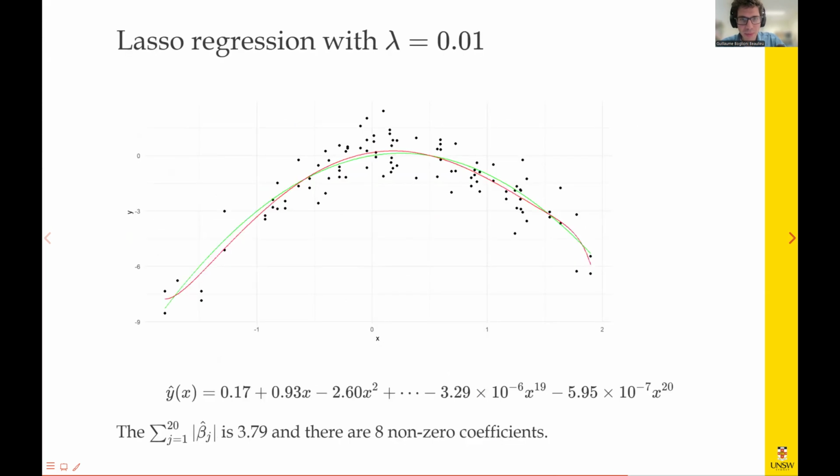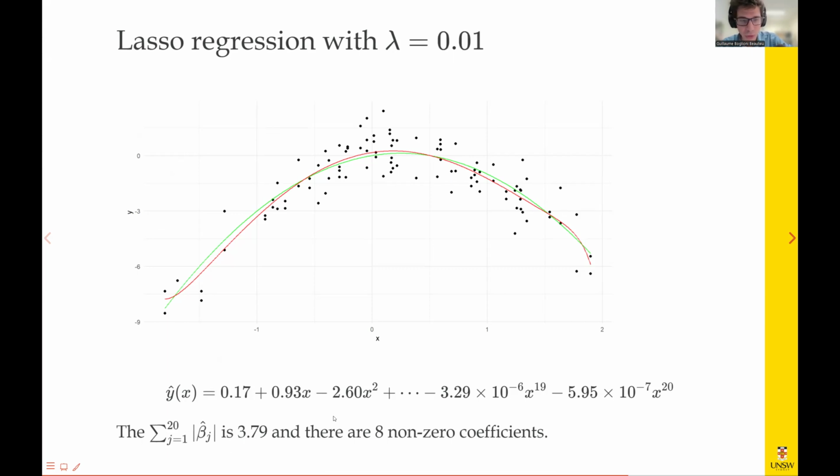Okay, let's try the same with Lasso, on exactly the same data set. The Lasso is a similar concept, but now the penalty is the sum of the absolute values of the betas. Same idea with lambda 0.01: already a pretty good fit, a pretty good model.